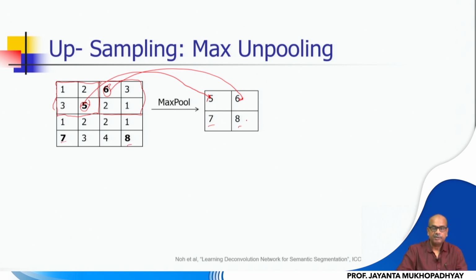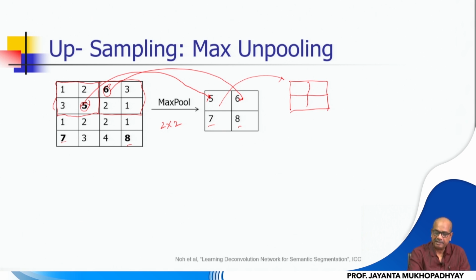So you see that from a 4 cross 4 image array, you are getting 2 cross 2 by the 2 cross 2 max pooling operation. Now, the reverse operation, which is called max unpooling, can be performed in various ways. One way could be that you simply expand each cell, because 2 cross 2 unpooling means each pixel corresponds to 4 pixels and one of them is 5.